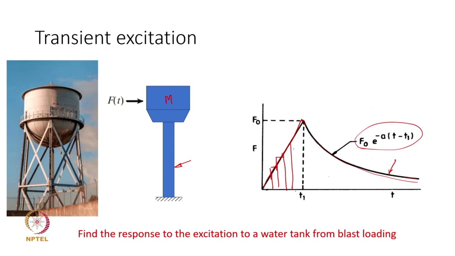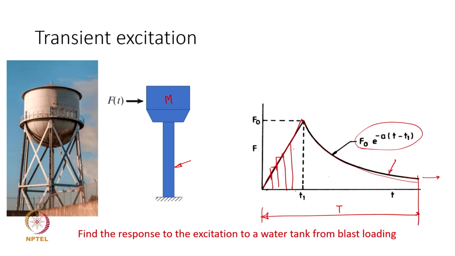So, this is another example of how the excitation to a simple vibratory system can happen, and the period for which this acts is typically a small duration, and therefore, it is not sustained after a certain period of time, and therefore, we call this a transient excitation.